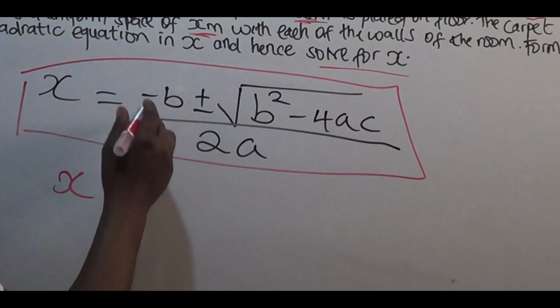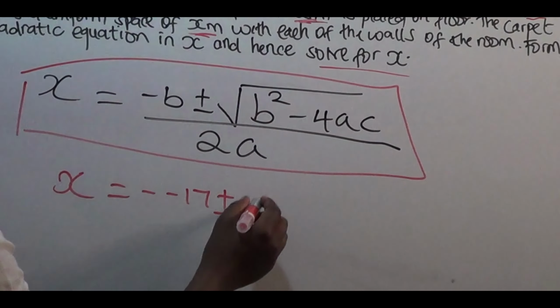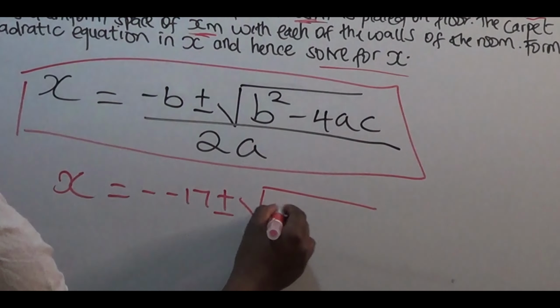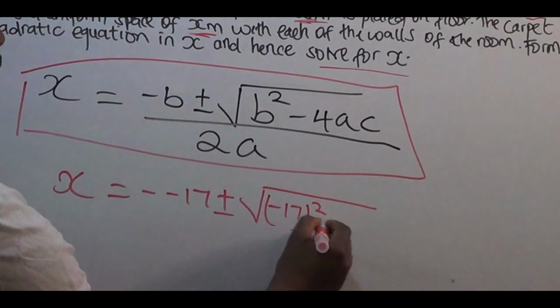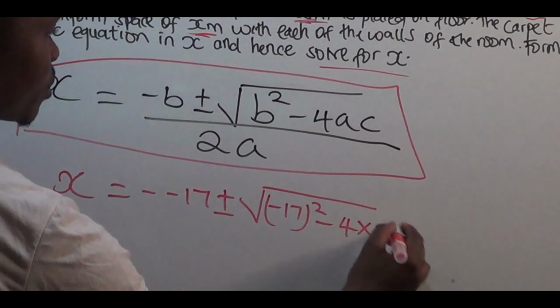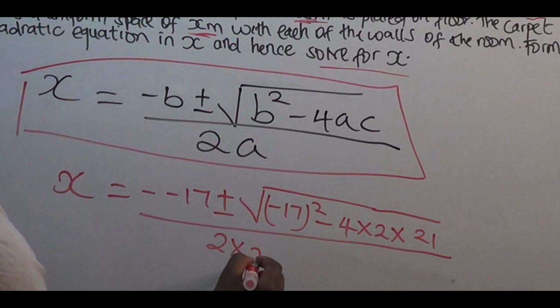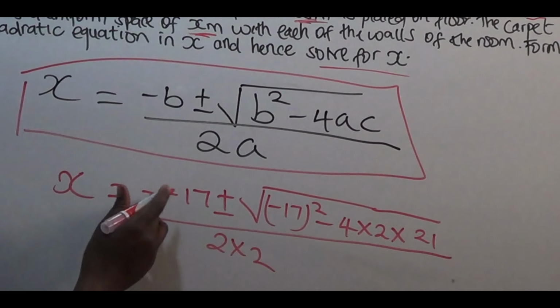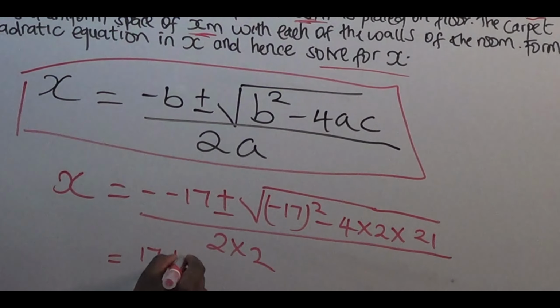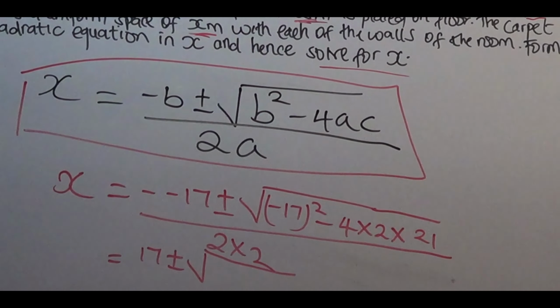x equals to minus b, that's minus 17, plus or minus the square root of negative 17 squared minus 4 times a, it was 2, times c, that is 21, over 2 times 2. Negative and negative, that's positive 17 plus or minus the square root of negative 17 squared.